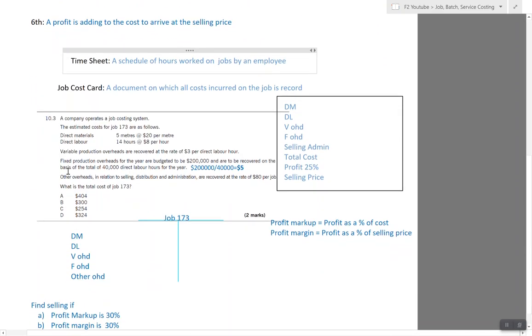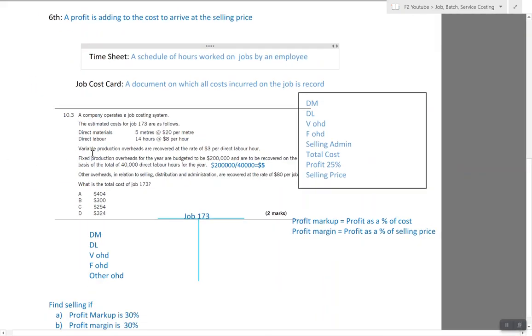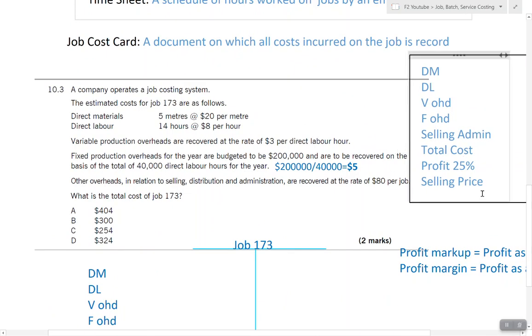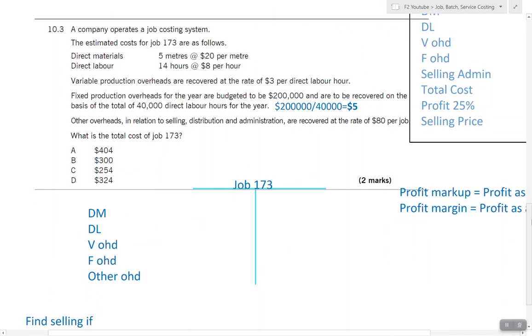Other than the job cost, organizations can also prepare something called a job cost account. So in this question, we will look at both the job cost account and the job cost card.